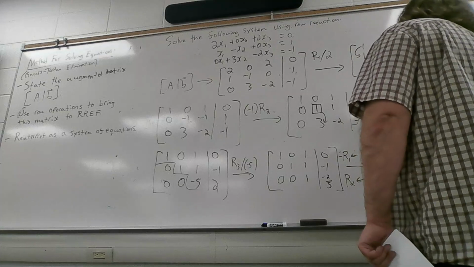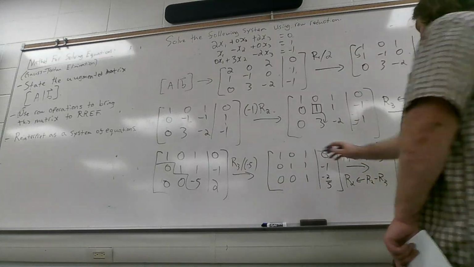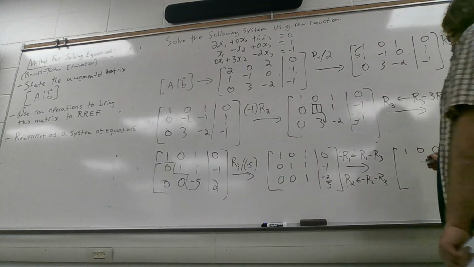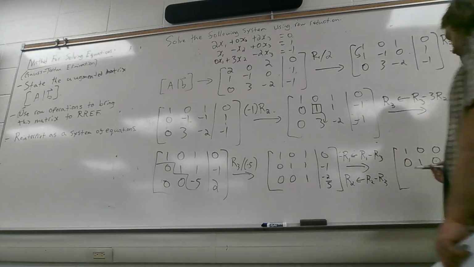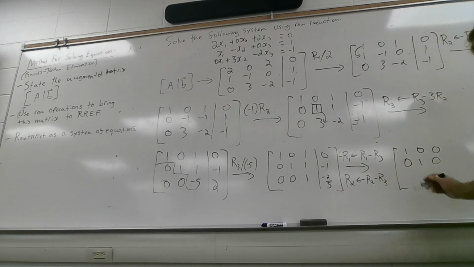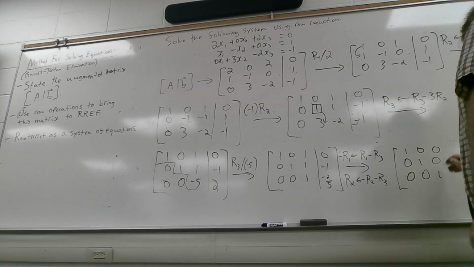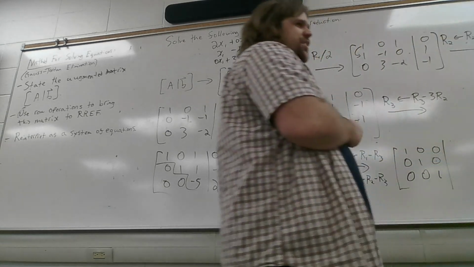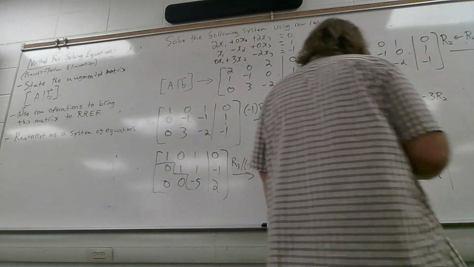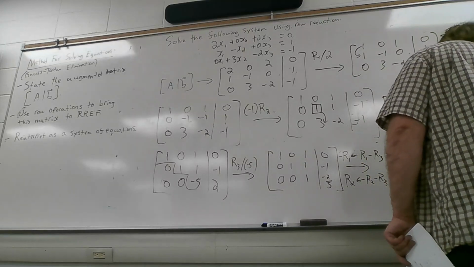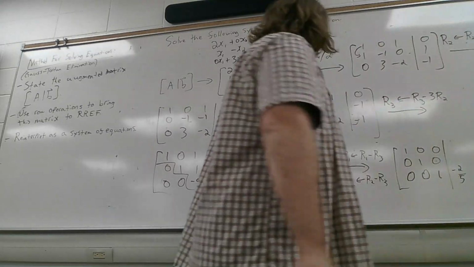But what are we going to get? That's a 0, because we did it on purpose. That's a 0, because that's what we wanted. And that's really just these fractions that we have to deal with, and then we're home free. So that's -2/5. Now let's look at this.